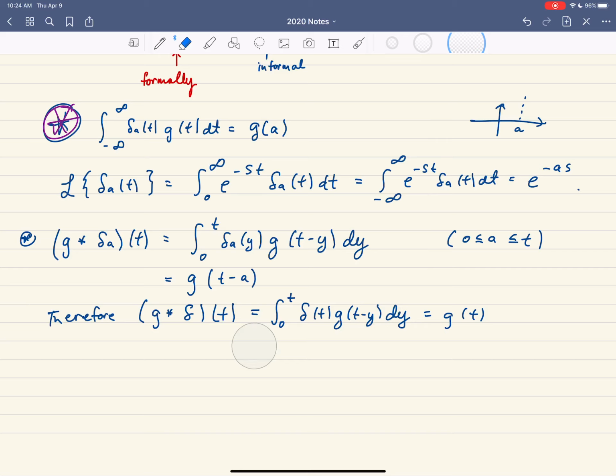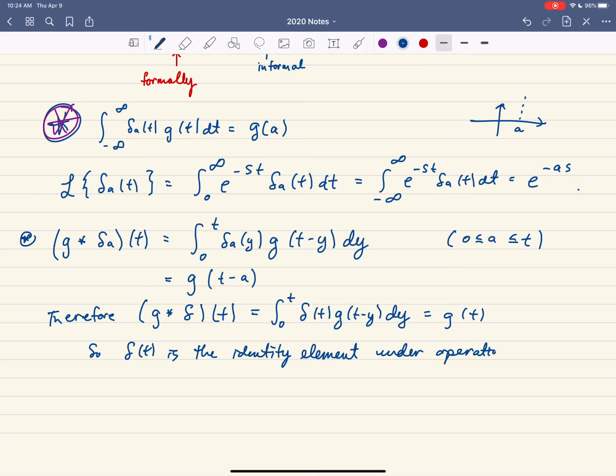So in other words, it turns out that delta is the identity element under the operation of convolution. Okay, so this Dirac delta function is the thing that you would convolve with the function to get itself. It plays the role of the identity. Okay, so that's a little bit about the delta function there.